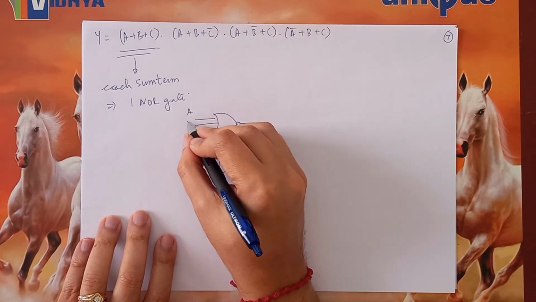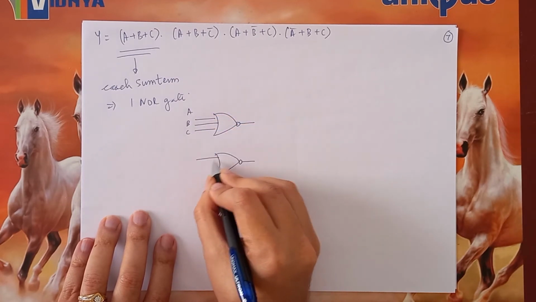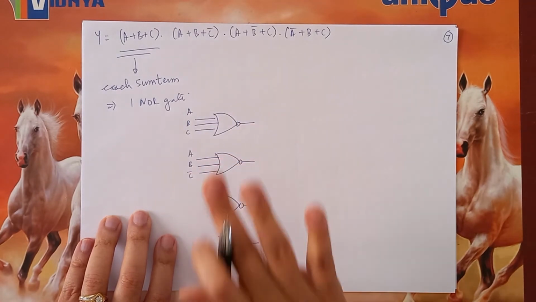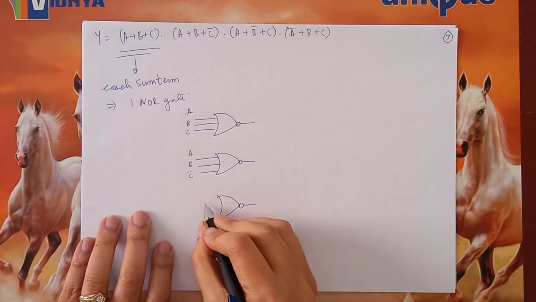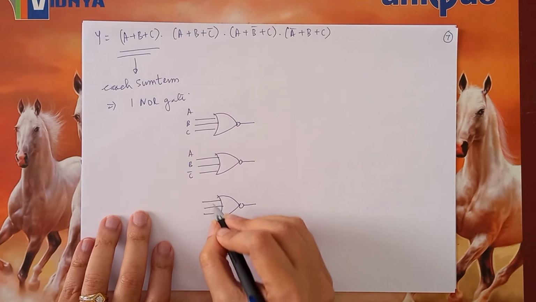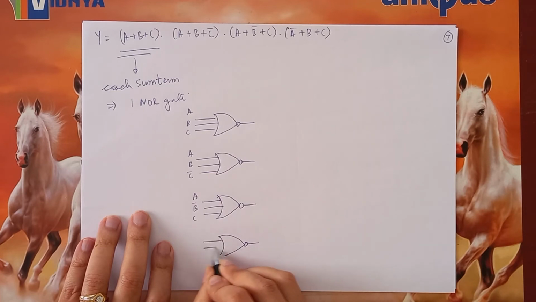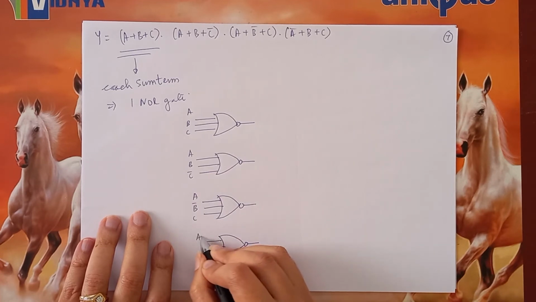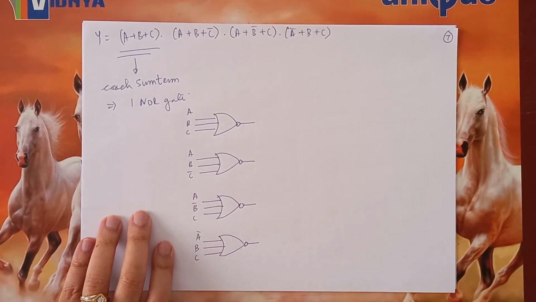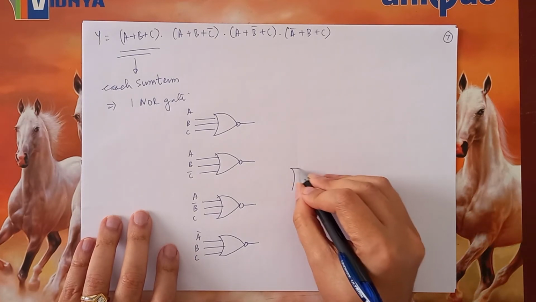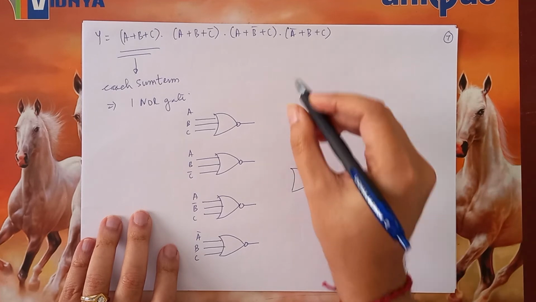This will be A, B and C. This will be A, B and C bar. Once again, we are just assuming that C bar is generated separately. This is A, B bar, C, and this is A bar, B and C. And finally, just like the previous case, one NOR gate to combine all of these.